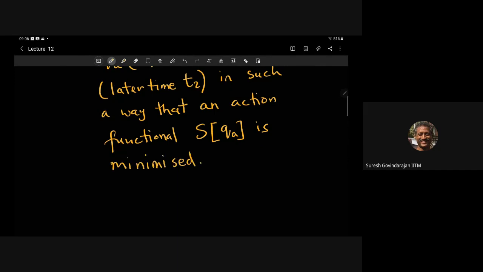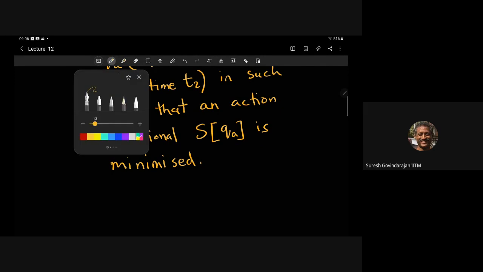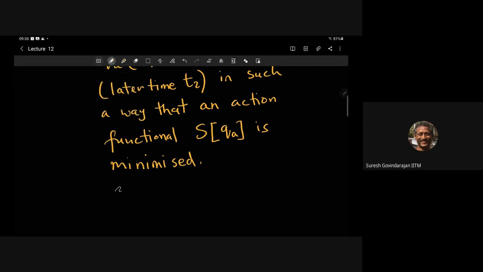Okay, so the input for dynamics here is an action. Is this clear? So this is what we are going to do.